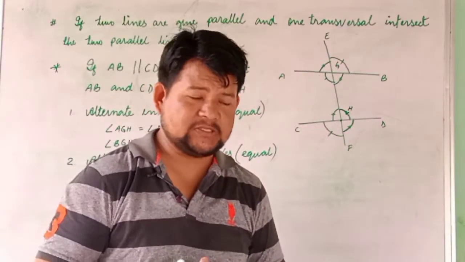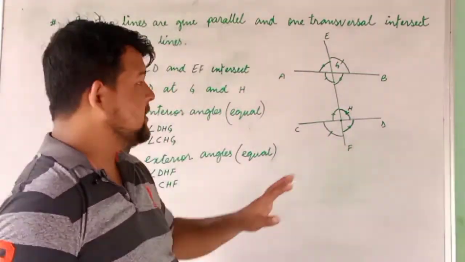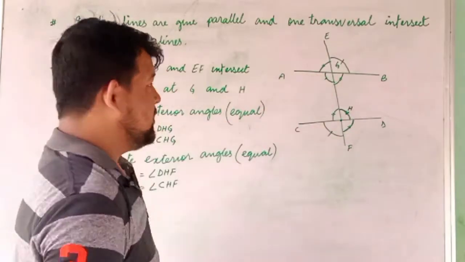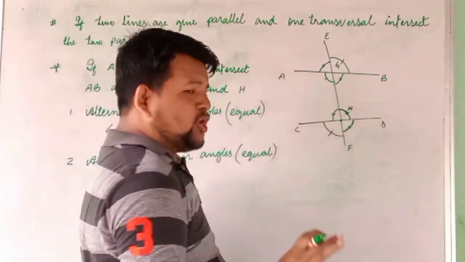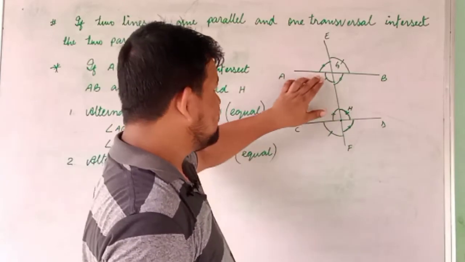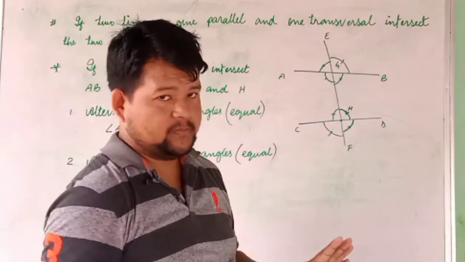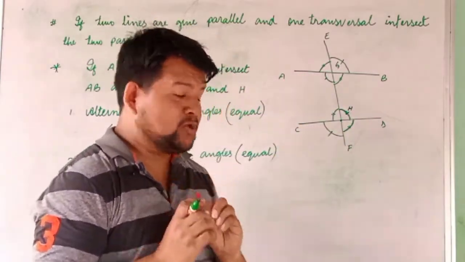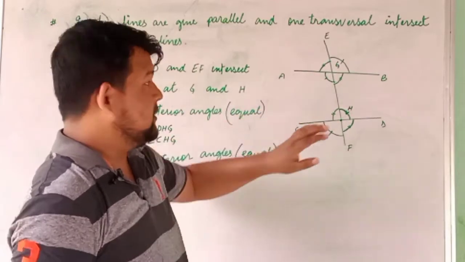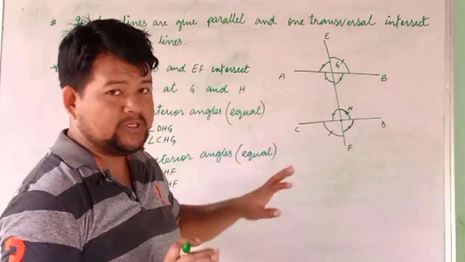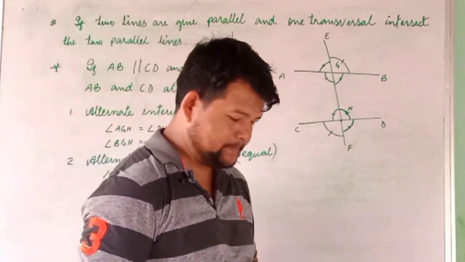Otherwise we cannot say that these two are alternate. If in our question AB parallel to CD is not given to us, then we cannot use that alternate angles are equal, because the question has not given us that these two lines are parallel lines. So we need to be very careful about that.